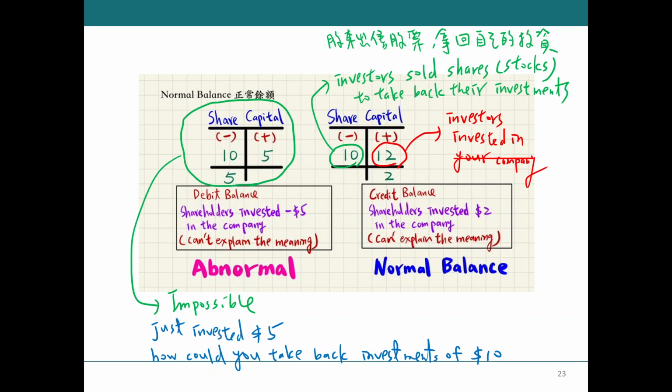Okay. So which one is the normal situation? This one, right? So the balance should appear on the increase side. Increase side. Okay. So don't forget, after you get the final amount, you should double check whether you did it correctly or not.